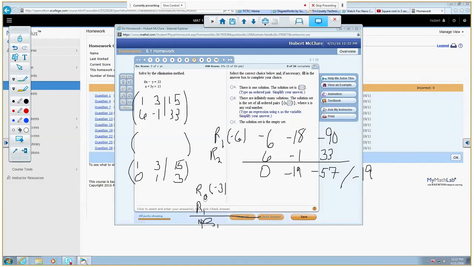So, row 2 times -3: 0, -3, -9. And we're going to add that to row 1, which is 1, 3, 15. Now to give us 1, 0, and 6. So our new row 1 is 1, 0, 6, and 0, 1, 3.